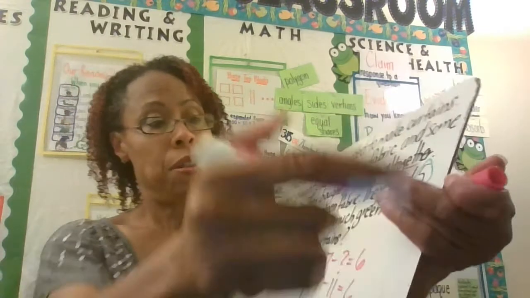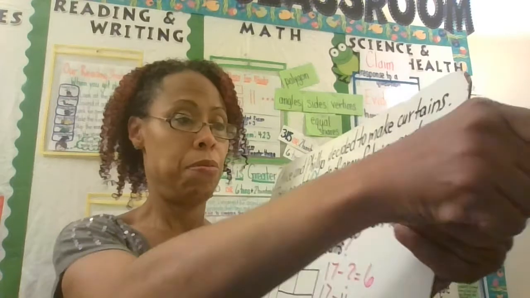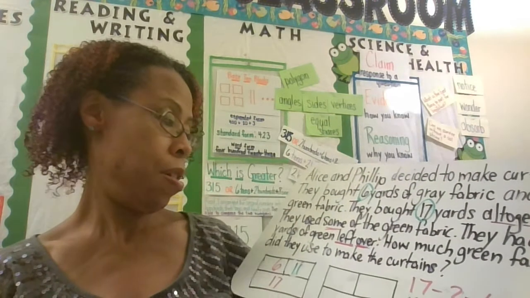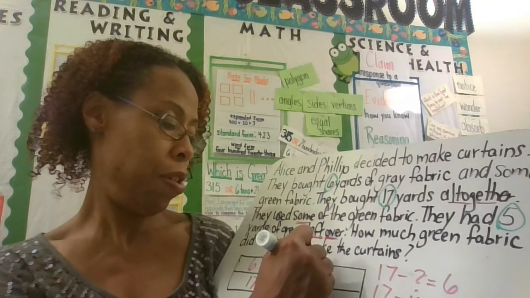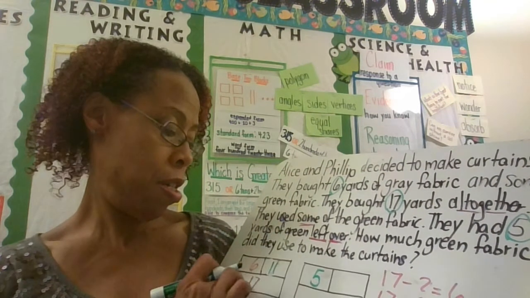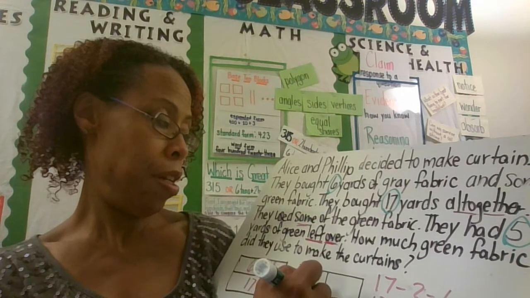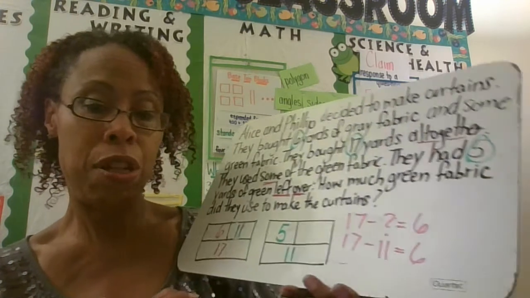We're going to change the color. All right, now they had 5 yards of green left over, and they had this. This is the fabric that they used, the green fabric that they used, the amount.